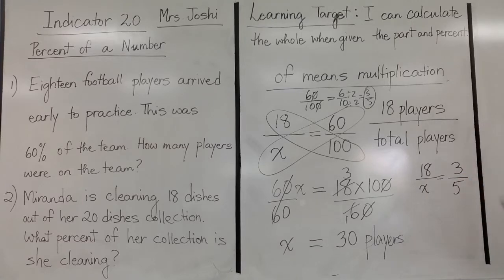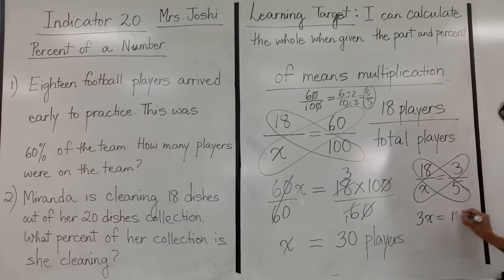Okay, and now we're doing cross products again. This times this is equal to this times this, and then I get 3x is equal to 5 times 18, because we can simplify here also. 5 times 8 is 40, 5 times 1 is 5, plus 4 is 90. All right, so this is multiplication, the opposite is division.